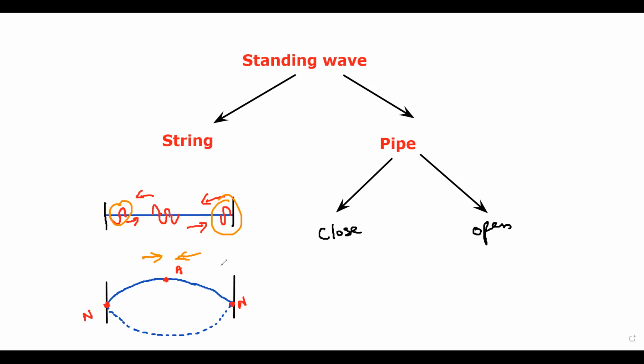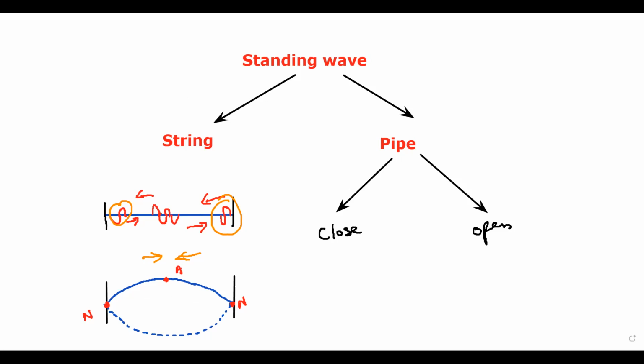The region where they interfere constructively with maximum amplitude, we call an antinode, and the region where destructive interference occurs, we call a node.